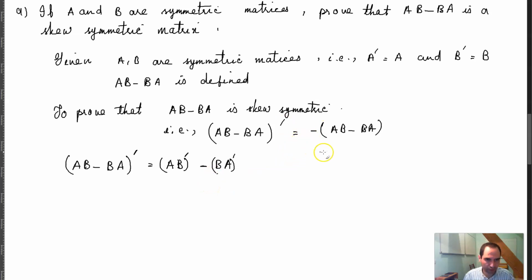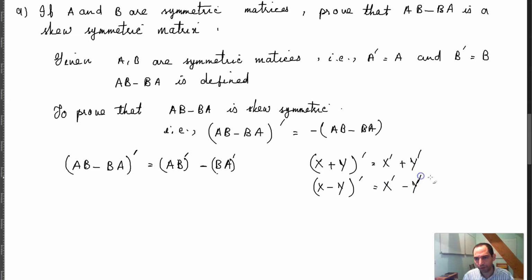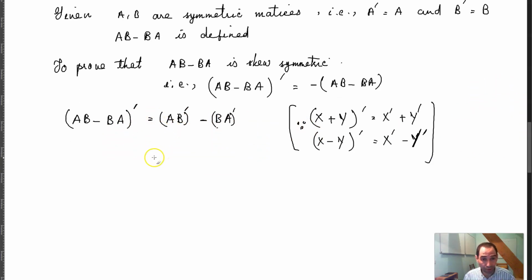Because you know that (x plus y) whole prime is equal to x prime plus y prime, and also (x minus y) whole prime is equal to x prime minus y prime. We have already proved this, and therefore you can write this. And also you can write this as B prime A prime minus A prime B prime, because you know that (xy) whole prime is the same thing as y prime times x prime.